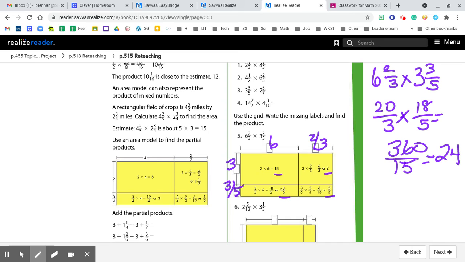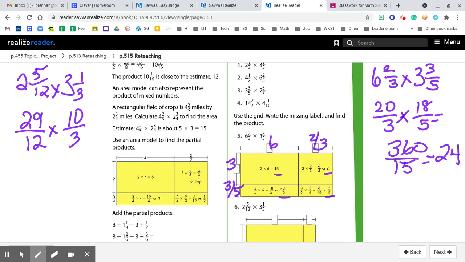And then on number 6, 2 and 5/12 times 3 and 1/3. 12 times 2 is 24 plus 5, 29/12 times 10/3. 290 over 36 equals 8 and 2 36ths, which would be 8 and 1/18.